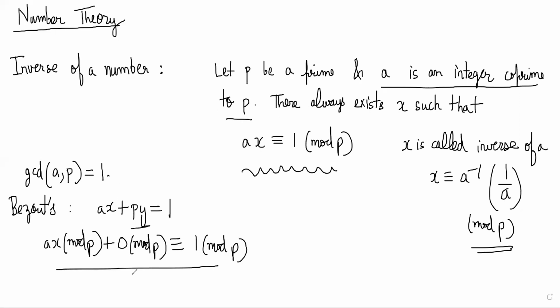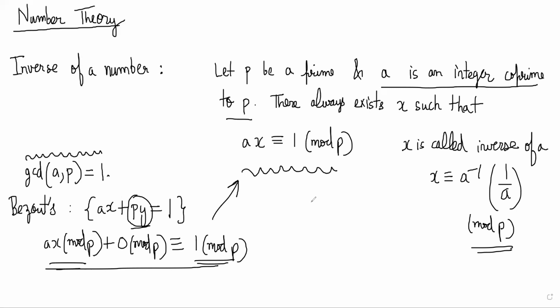You are getting ax is congruent to 1 mod p, and so x is that integer. The only thing that matters here is that GCD of a and p is 1. If you have that, by Bezout's lemma you get this.